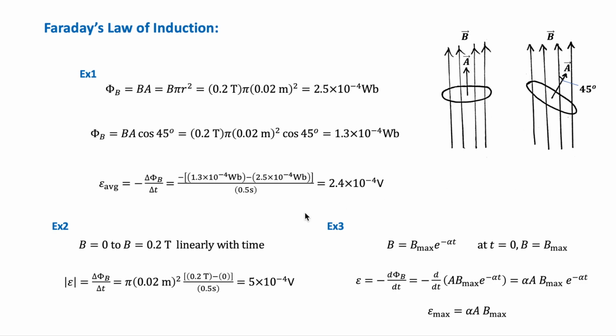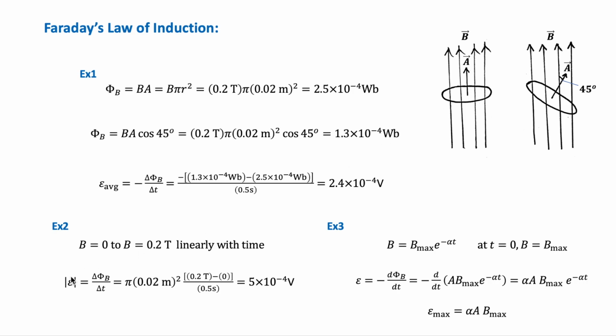So let's consider two more examples. In this example, the magnitude of B changes linearly with time from B equal to 0 to B equal to 0.2 Tesla, and its orientation remains parallel to the normal to the loop. The radius, we take it similar to the previous example, 2 centimeters.